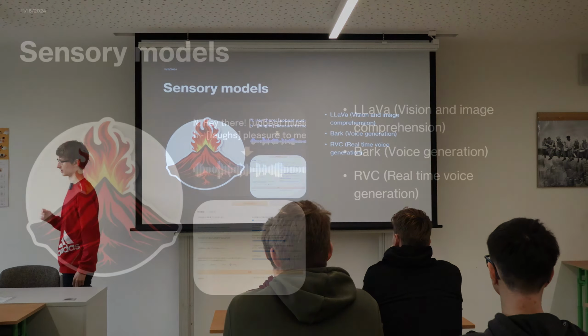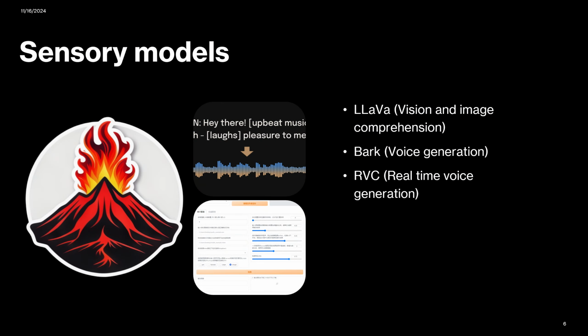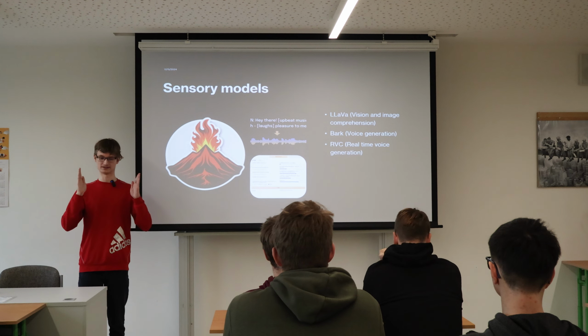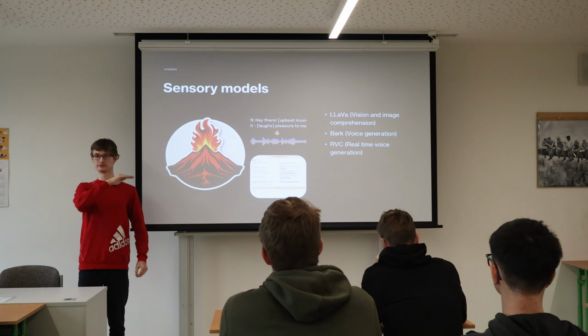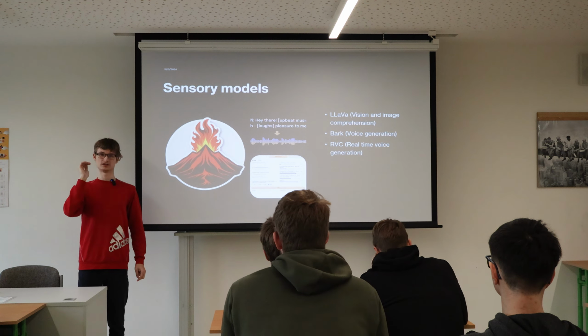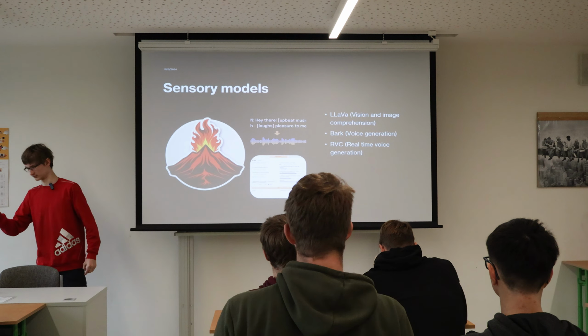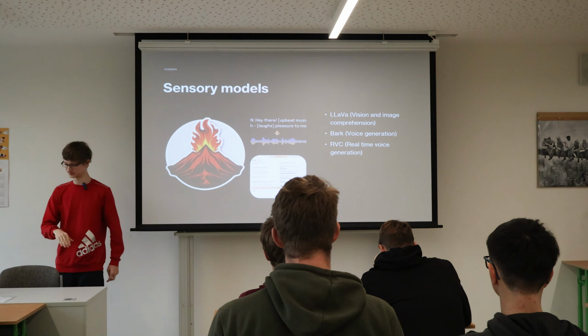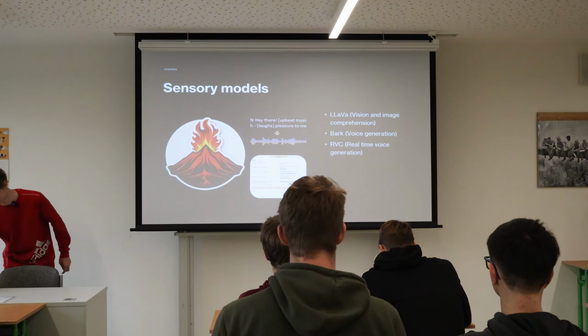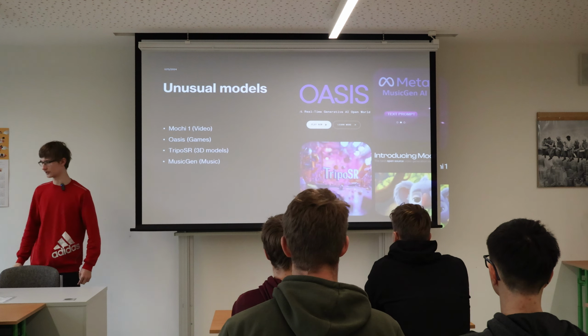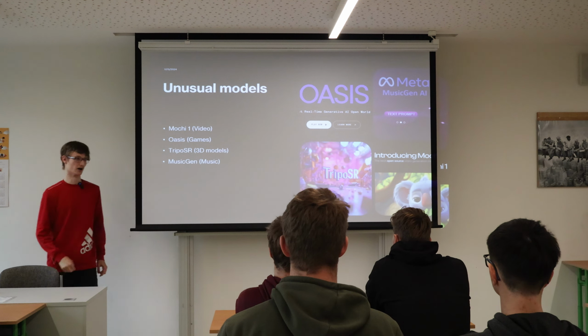And then we have RVC, which is real-time voice generation, and that takes in training data and converts it to real-time voices. It works in real time, opposed to Bark, which takes a few seconds to process what the input is. And then we have unusual models.